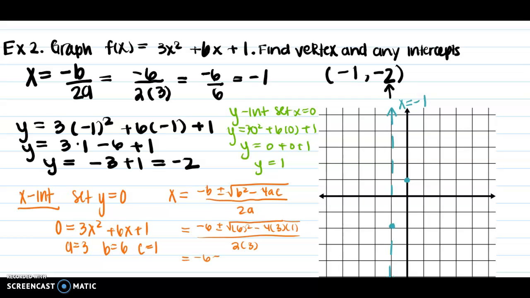All right, and then I'm going to go ahead and simplify what's inside the radical. So that gives you the square root of 24 all over 6, and the square root of 24 is going to be 2 radical 6.